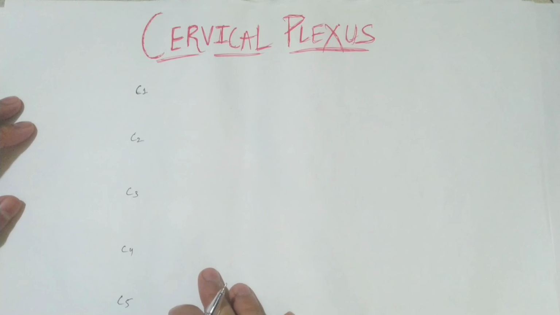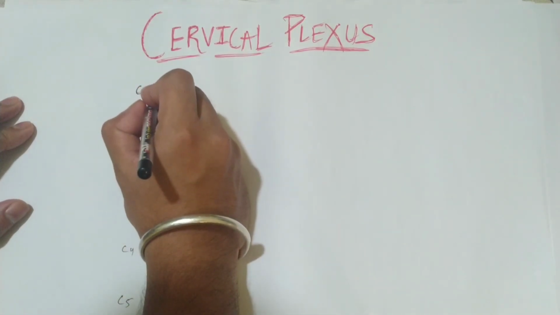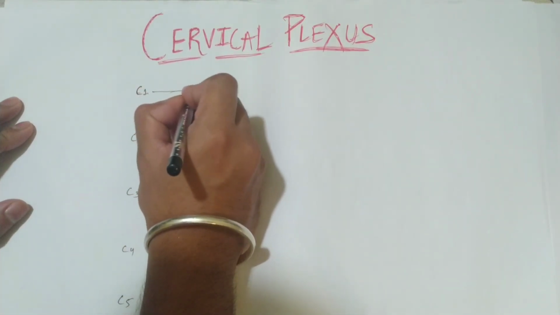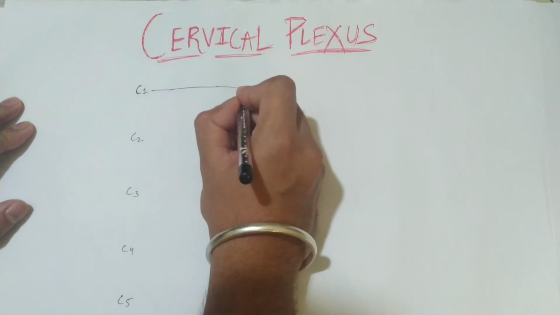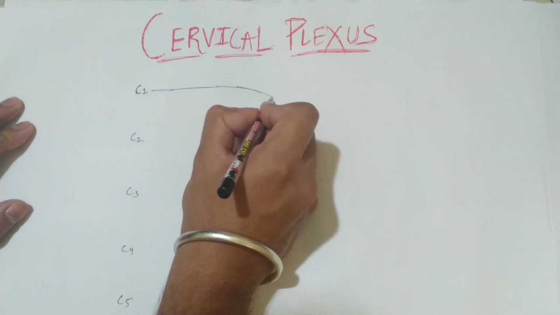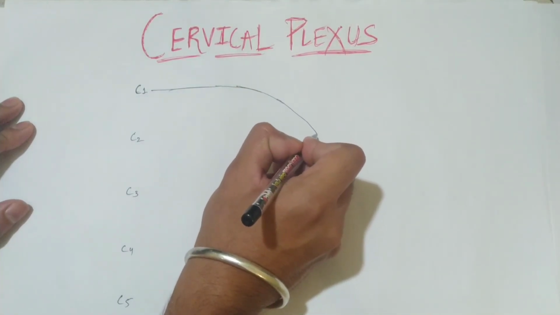First let's begin with our C1 root. The C1 root firstly gives a branch which goes forward and forms the superior root of our ansa cervicalis.